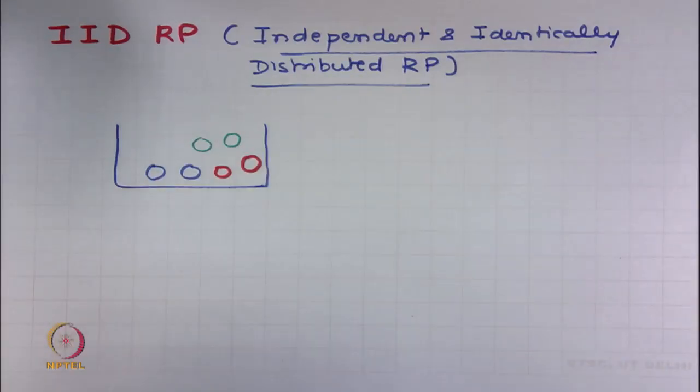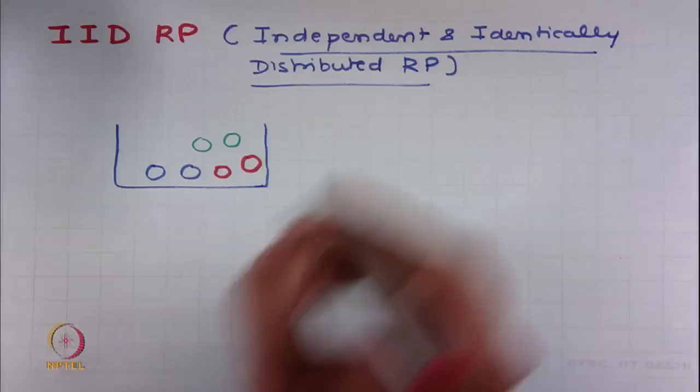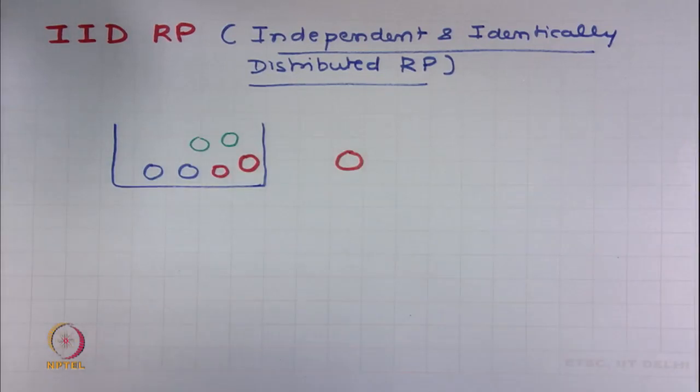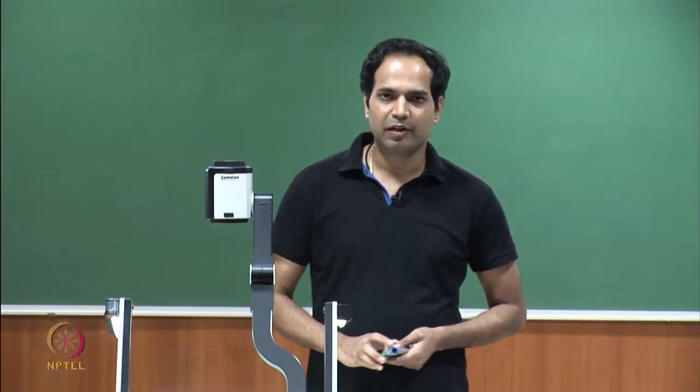Now, what you do is you reach out to this bag and you randomly select a ball. So, this is the experiment. It is a simple experiment, reaching out to the bag and selecting a ball. If you randomly select a ball, let us assume that this ball that you get is a red colored ball. You take this red colored ball and you keep it in a different bag. So, this is the experiment, a simple trivial experiment.